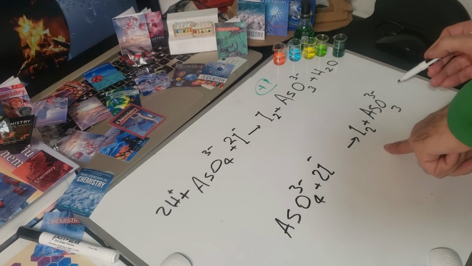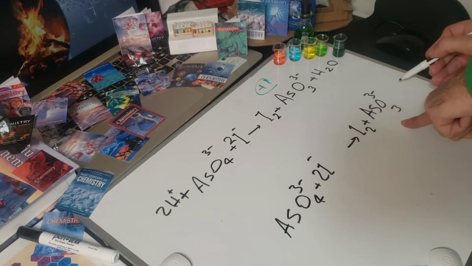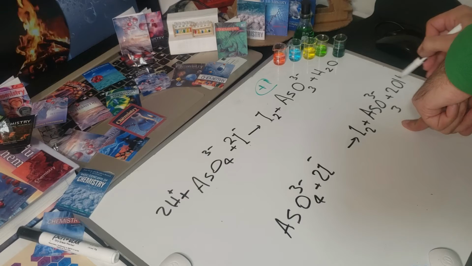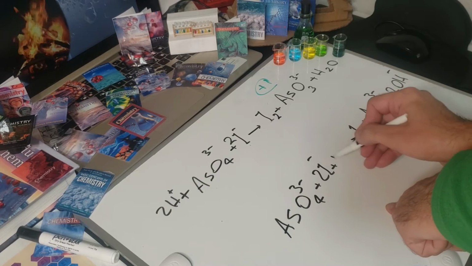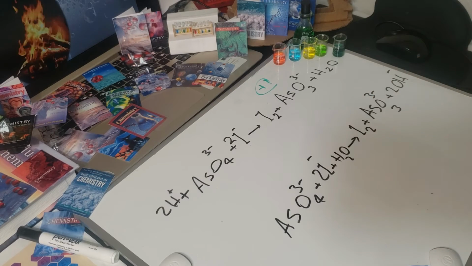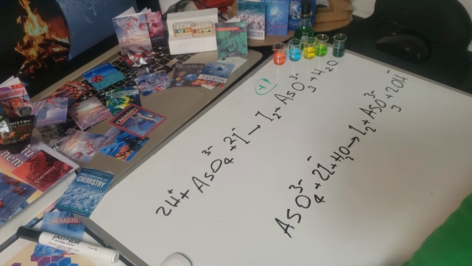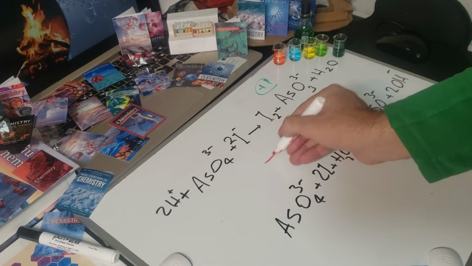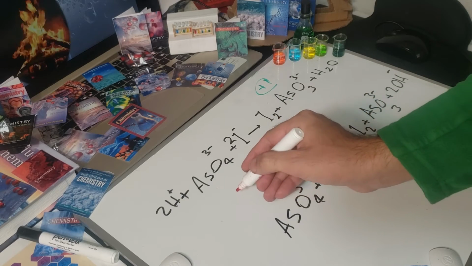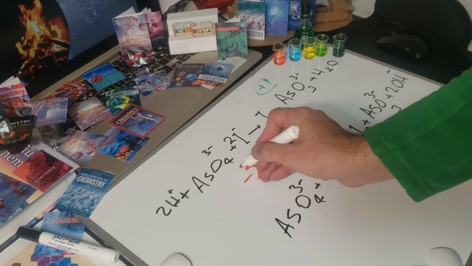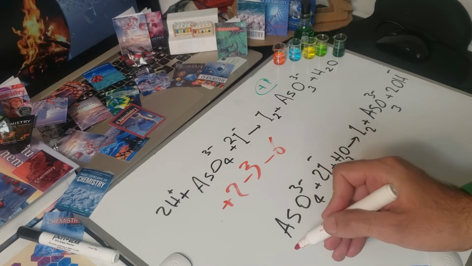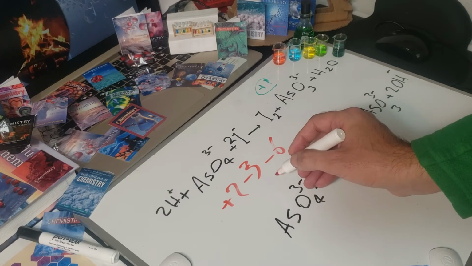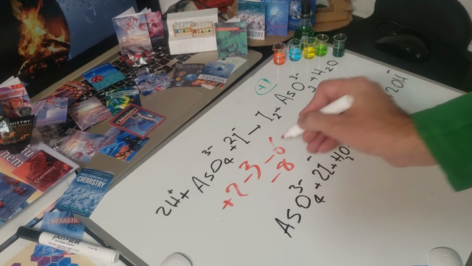For the basic media, I need to add 1 oxygen, so double the amount, 2 OH minuses and just 1 H2O. Okay, let's just see if the charges are balanced and we're good to go. So -6 here, -3 and +2. It's -8.